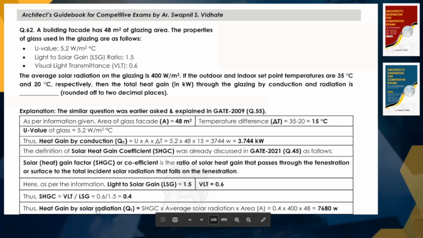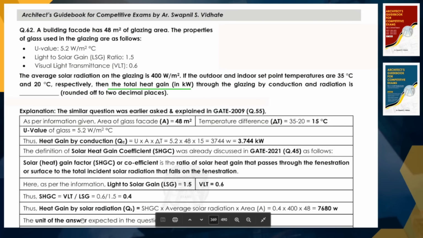We have calculated the heat gain by conduction. So the sum of these two figures will be the final answer, that is the heat gain in kilowatts through glazing by conduction and radiation. The unit of answer is expected in kilowatts. So we have just converted this 7680 watt into 7.680 kilowatt.